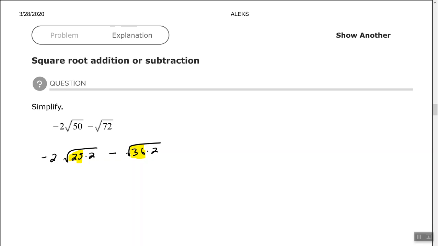So now I can take the square root of 25, which is just 5, and the square root of 36 is 6.